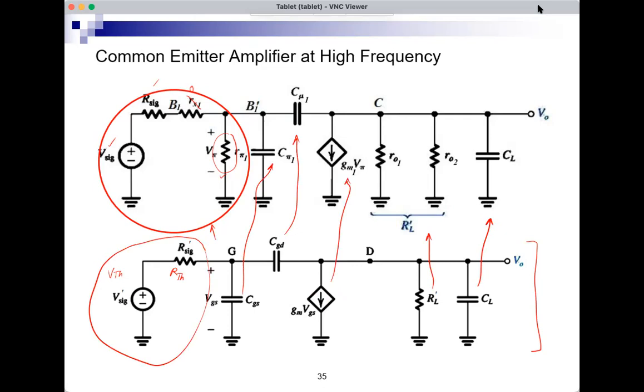So what I'm trying to do is not to repeat the analysis for common emitter, to just do the analysis for common source and then generalize the results for common emitter from common source. Okay, so the two circuits are pretty similar. So let's focus on common source.